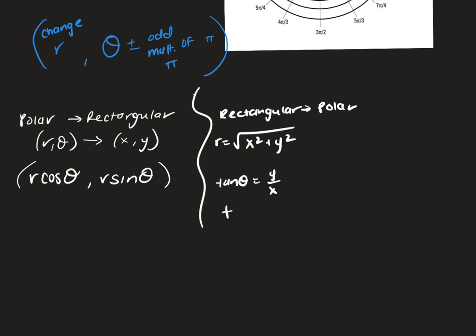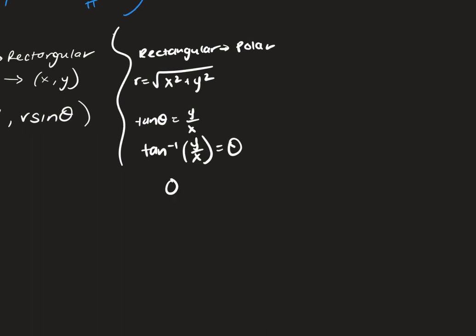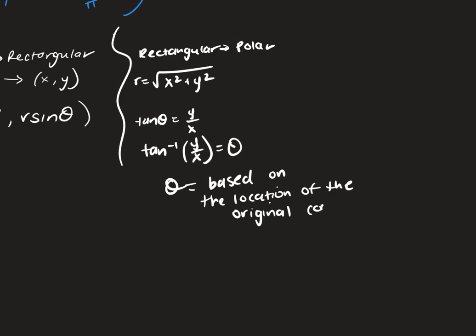So we do tan inverse of y over x. It would actually give you 2 answers. If I said the tan inverse of root 3, there's 2 answers for that. So then we determine which theta it is. There's only one right answer based on the location of the original coordinate point.